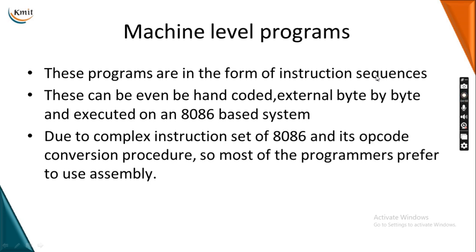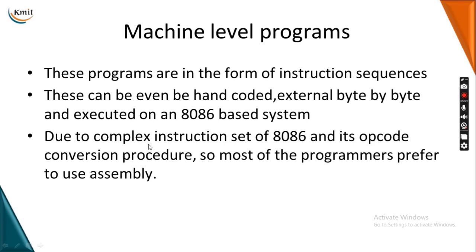You will clearly understand how these instruction sequences look in the coming few minutes. This can even be hand coded. We can write it by hand, enter it byte by byte and execute it on an 8086 based system.